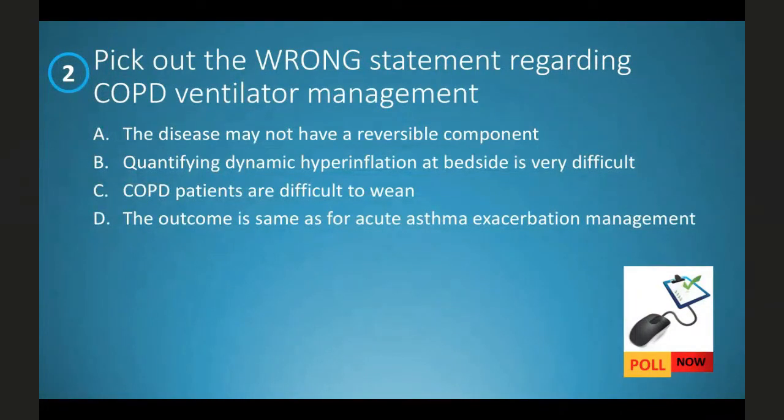That is the wrong statement, because the background pathophysiology is different. Asthma is acute onset and almost fully reversible, and it comes on and off. But COPD is a progressive, persistent deterioration, and you will not come back to the starting point after each exacerbation. So with time, you are going to get worse only. That's why the outcome cannot be the same.